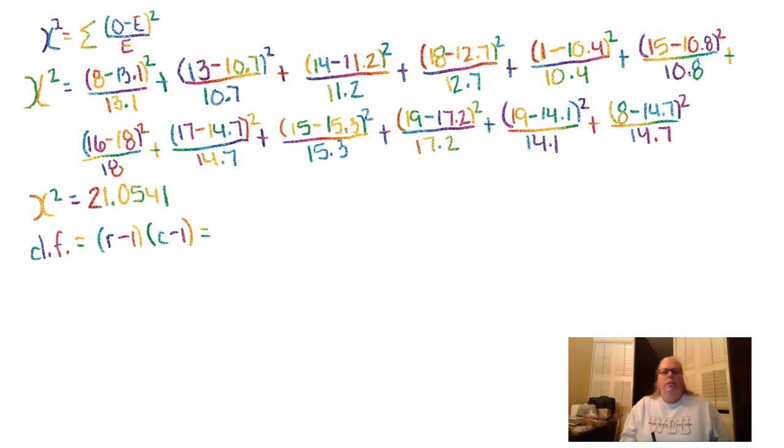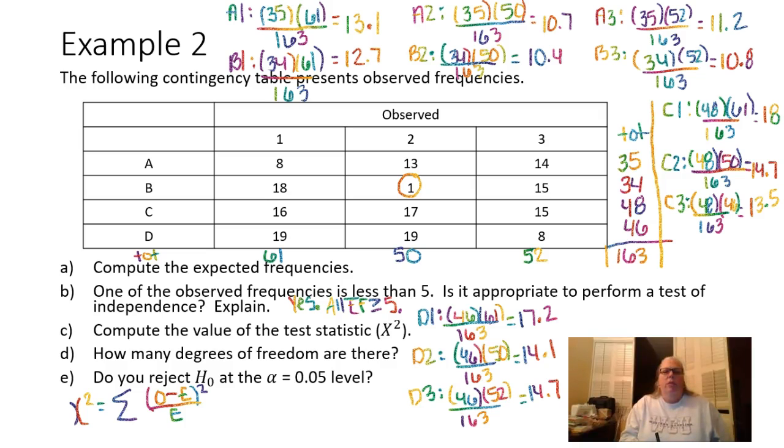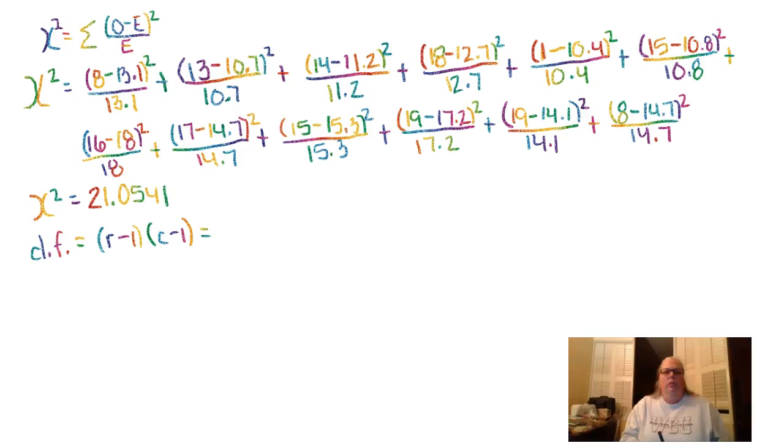And in this case, we had 4 rows and 3 columns. So 4 rows minus 1 times 3 columns minus 1. That's going to give me 4 minus 1 is 3, 3 minus 1 is 2, so 3 times 2, we have 6 degrees of freedom for this problem.